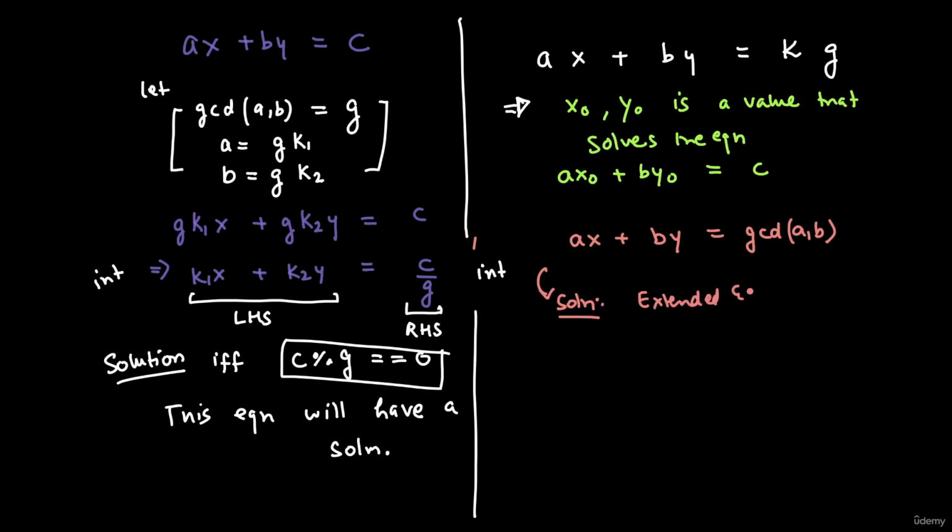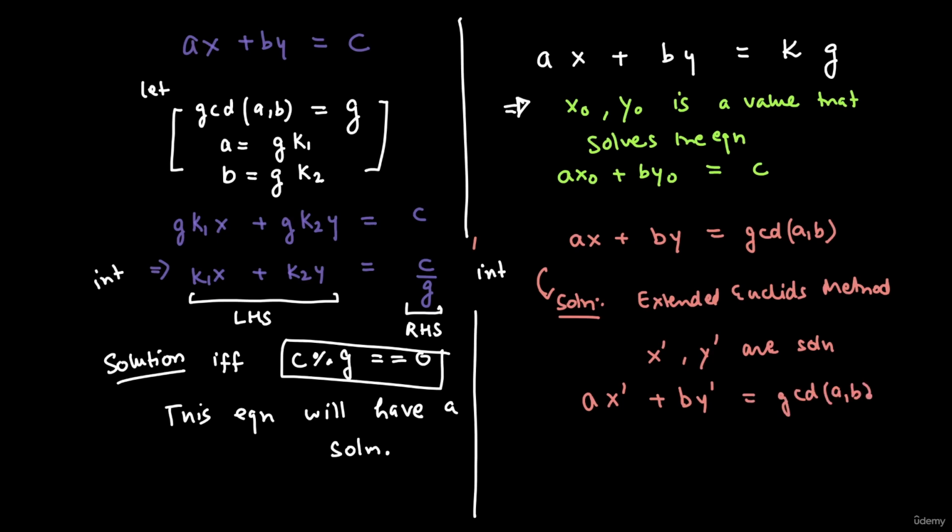Let us assume that x dash and y dash are the solution for this equation. So a x dash plus b y dash equals GCD of a comma b. We can already compute x dash and y dash using the extended Euclid's method.